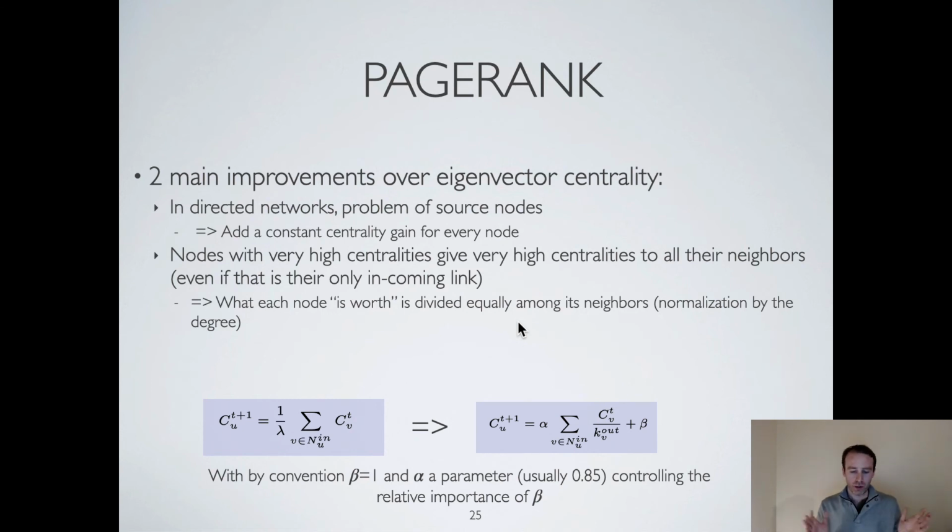So two nodes with the same importance score: if one has only one neighbor, it will give all its importance to that neighbor. But if, on the contrary, you're connected to all the nodes that exist in the graph, then you will divide your importance among all the other nodes, and so you will not give them some bias. So one node will not be biased just because it's connected to this very important node.